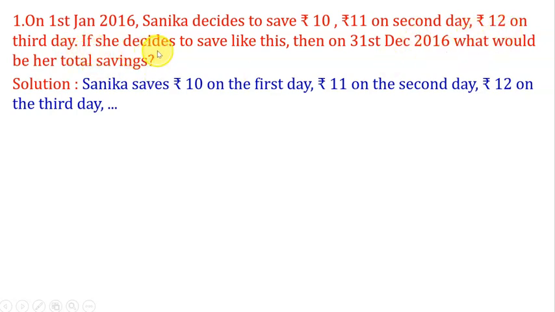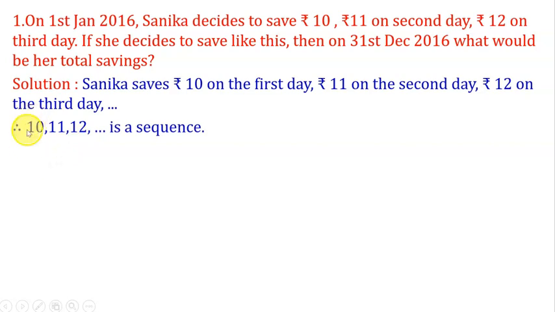If she decides to save like this, then on 31st December 2016, what would be her total savings? Now solution. Sanika saves rupees 10 on the first day, rupees 11 on the second day, rupees 12 on the third day. Now the sequence is like this.